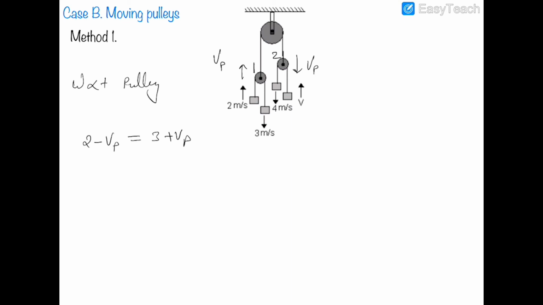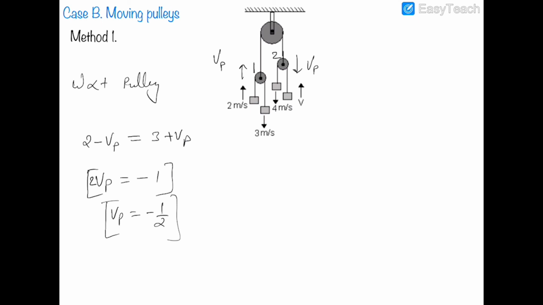Okay, so 2Vp will be equal to minus 1, and Vp will be equal to minus half. It means that I've assumed that this pulley 1 is moving upward, but it is moving in the downward direction.